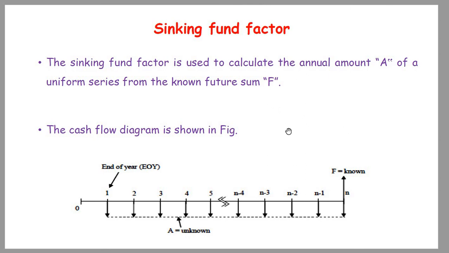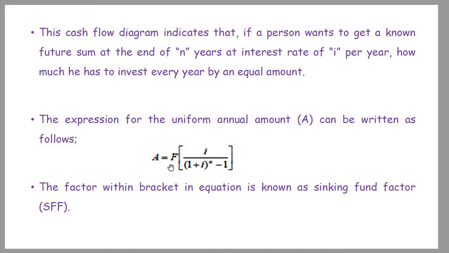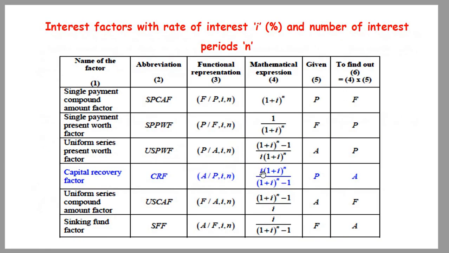Here the unknown is how much amount I want to invest, but what I know is my end amount, the total amount I am going to get at the end of the last year. Using the formula A equal to F into bracket I divided by (1 plus I) raised to n minus 1, I can easily calculate this.